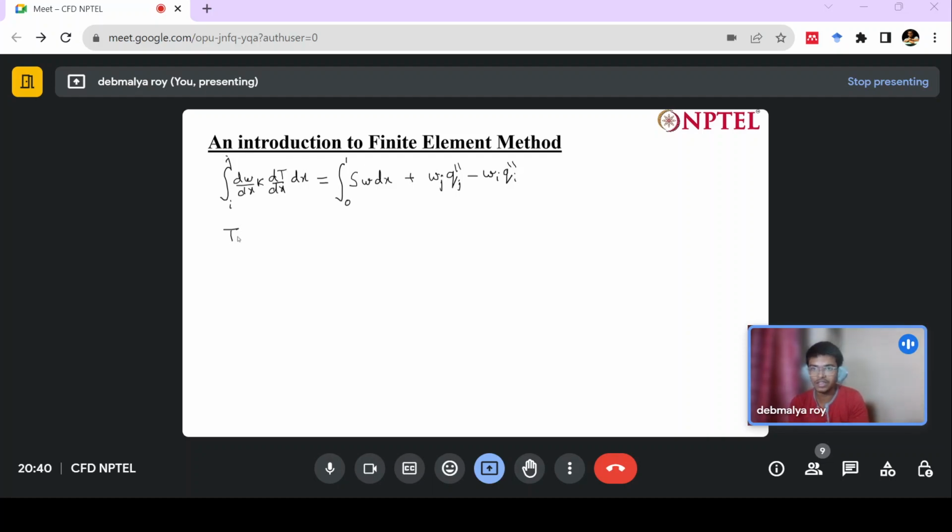We are not finding the original solution anyway. I want this to be a linear function, something like ax plus b. We can calculate a and b, then calculate this T, get the approximate solution for that particular domain, and put that into the whole domain solution. But this will be a little bit tedious. A simpler way is to utilize my temperature at the two endpoints of the domain.